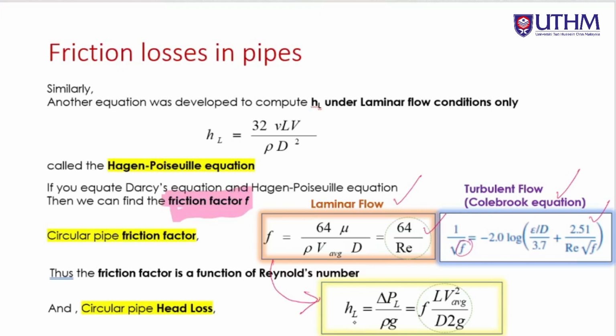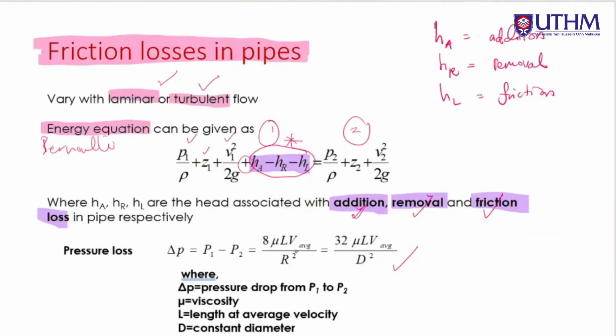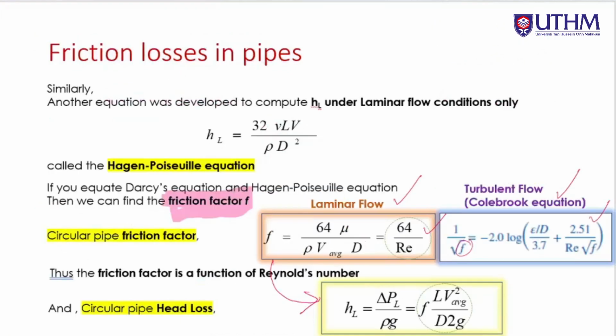Head loss equals delta pressure, the pressure loss, over rho g, or equals f L V average squared over 2gD. Usually this equation is the most important one.